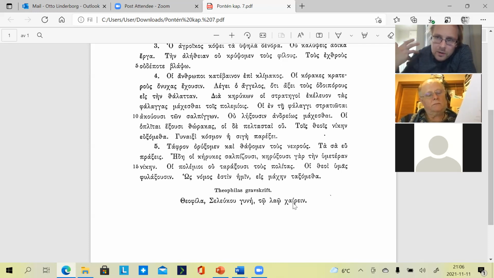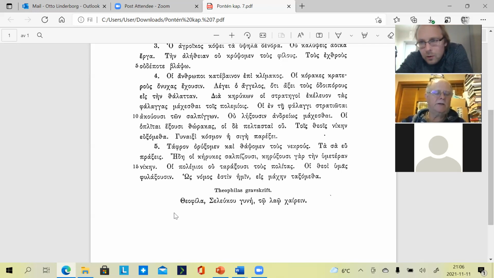Haire is like say hello or salutes. Okay. So it's a greeting by Theophila to the people, which is written on her grave. So she salutes or greets the people. That's what it says. Theophila, the wife of Seleucus, greets the people.